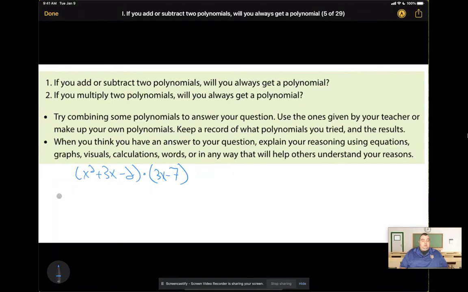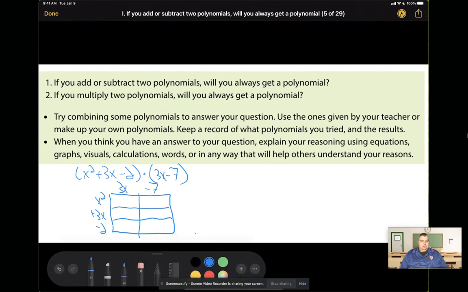All right. So when I talked about this in the lesson notes, we talked about that we're going to use the box method to multiply this out. So I'm going to set this up here. So I have x squared plus 3x minus 2, and I have 3x minus 7. And now I'm going to multiply this out.